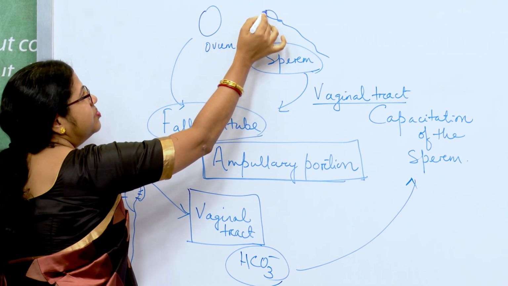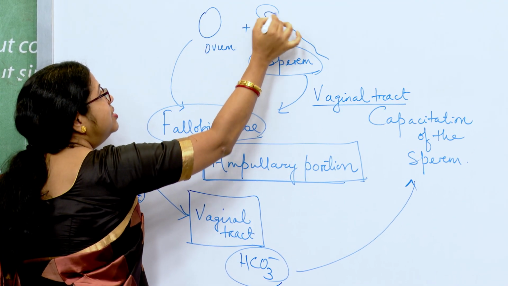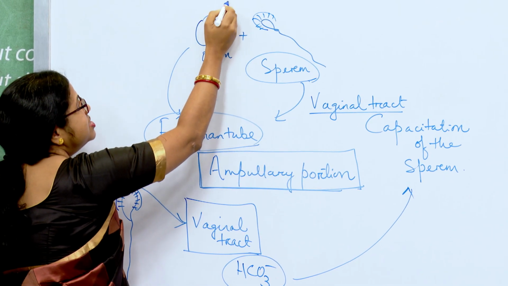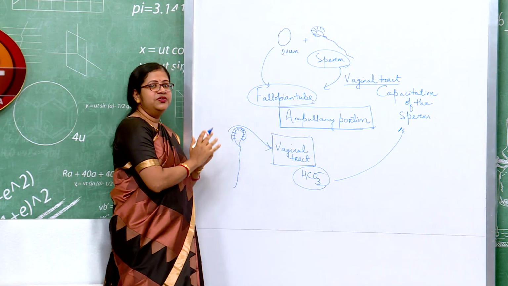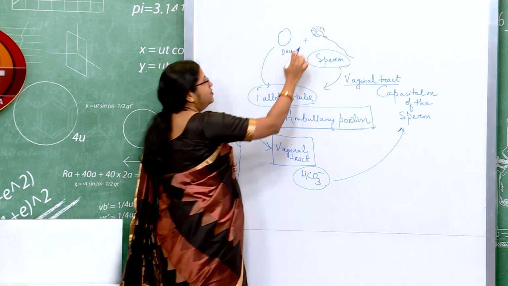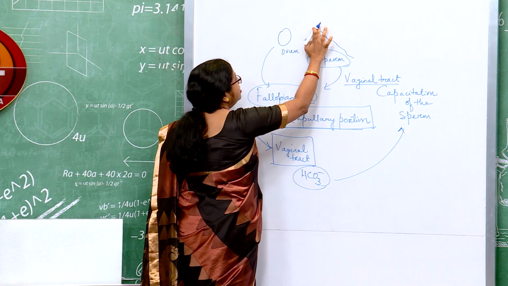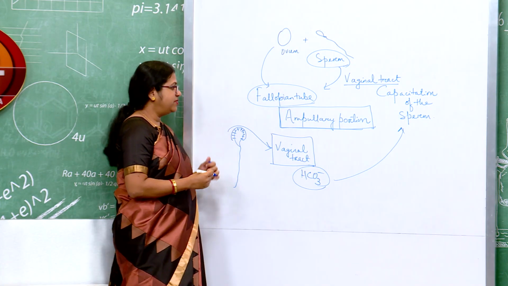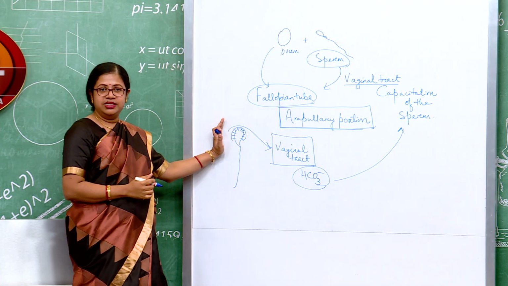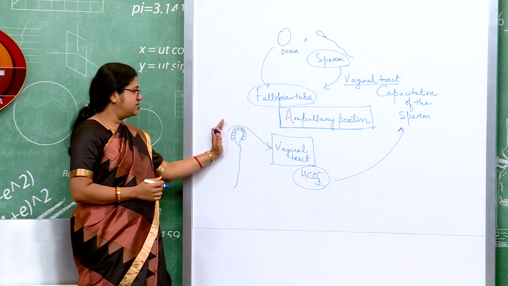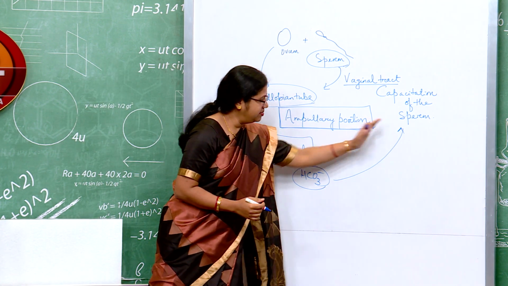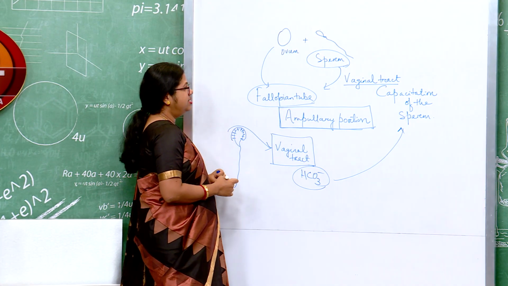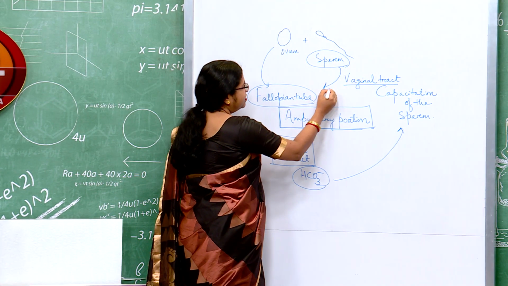Suppose there are proteins and carbohydrates on the outer layer of the sperm, then fusion will not be possible. For the layers to fuse, we need a naked surface. This should be naked and the ovum should also allow the sperm entry. So, for that purpose maturation is required, and a step in maturation is capacitation of your sperm within the vaginal tract. Once capacitation is complete, it will travel through the vaginal tract.